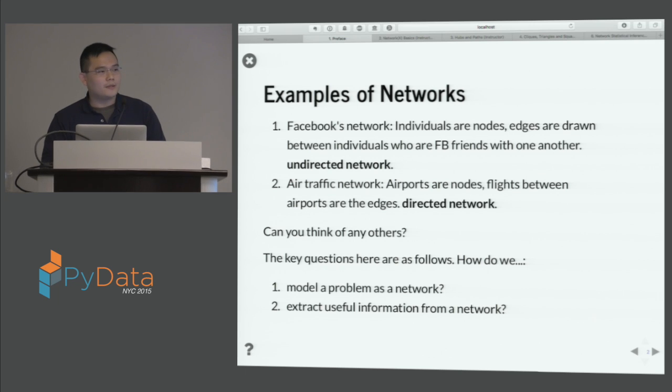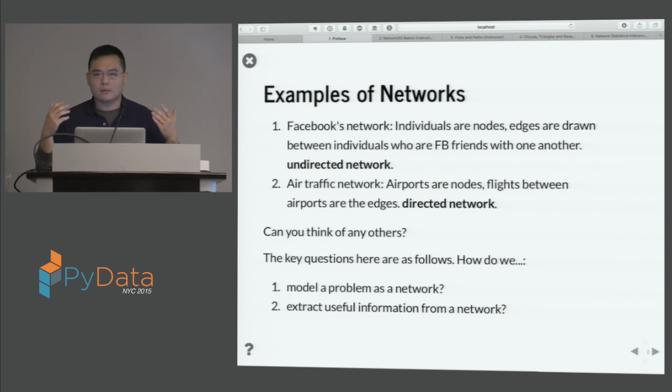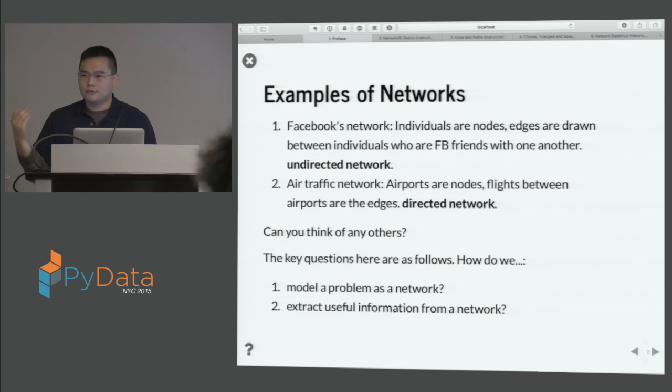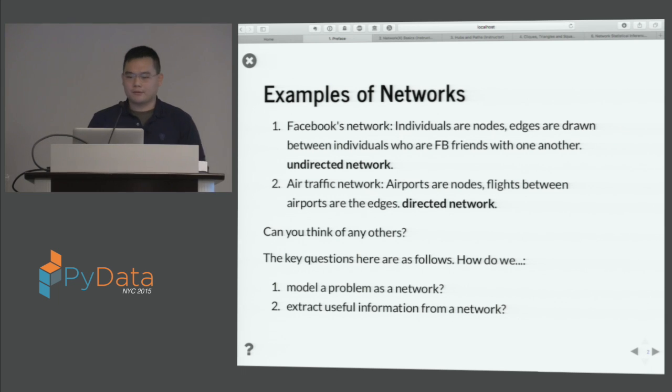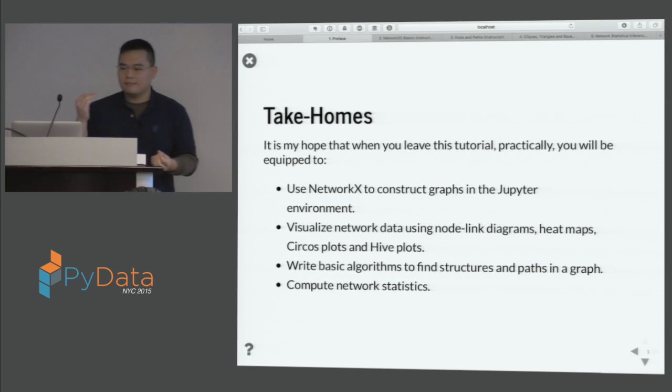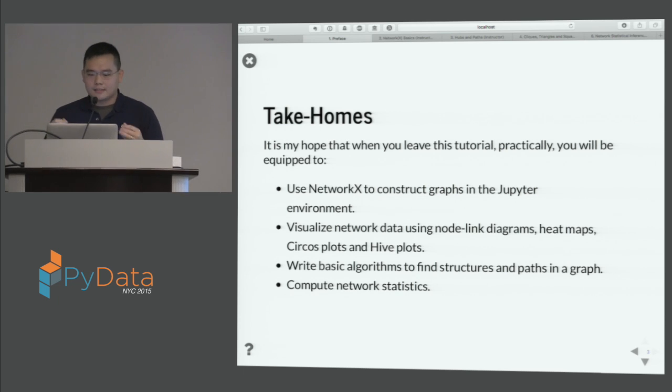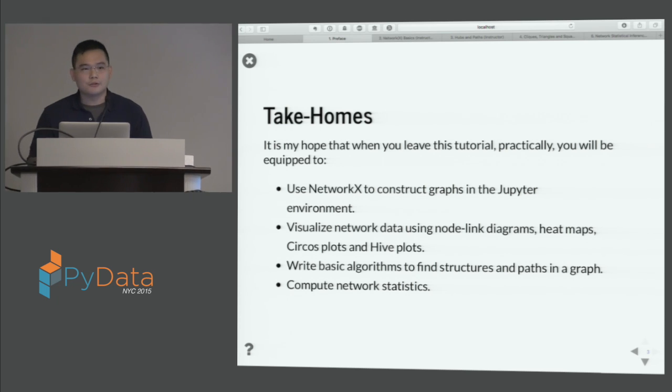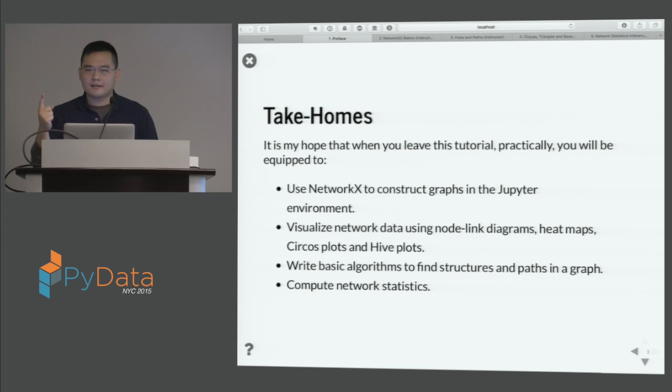In today's class, what I'm going to show you is also a glimpse of how to model a problem as a network and how to extract useful information from that network. Specifically, by the end of this tutorial, practically speaking, you should be able to use the NetworkX package to construct graphs in the Jupyter environment, because we're all using Jupyter notebooks today.